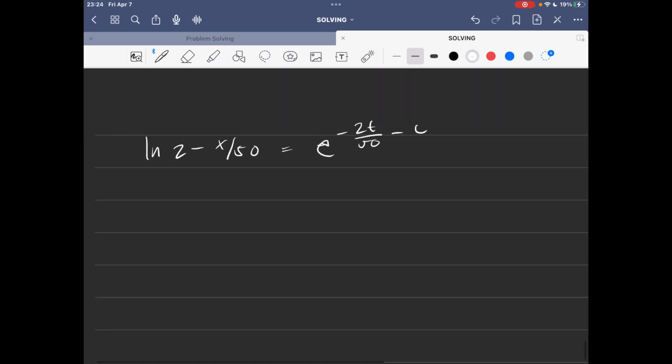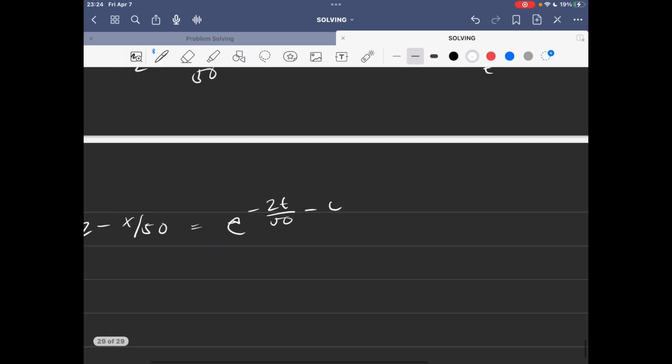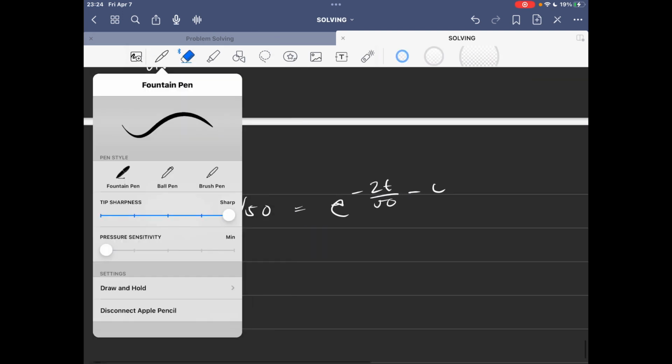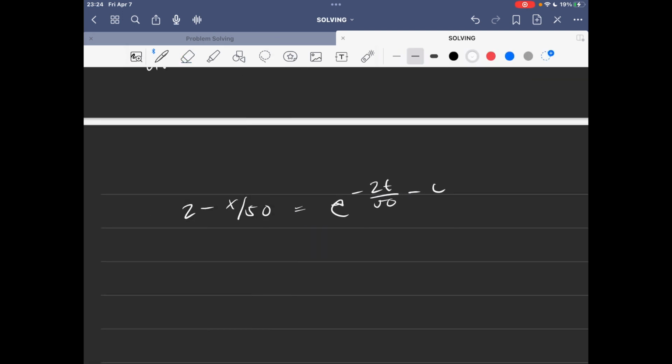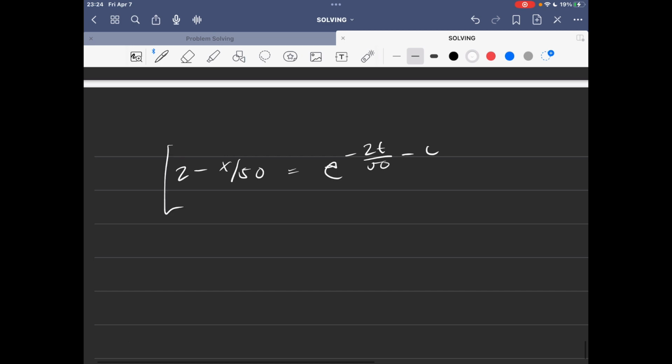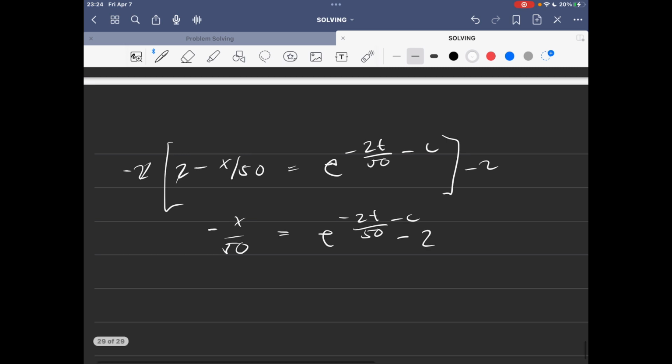Then we exponentiated this, so our ln cancels. There's no more ln here, so we can subtract 2 on both sides. We can cancel, which will have x over 50 is equal to e raised to negative 2t over 50 minus c minus 2.